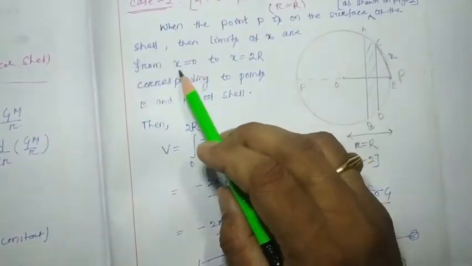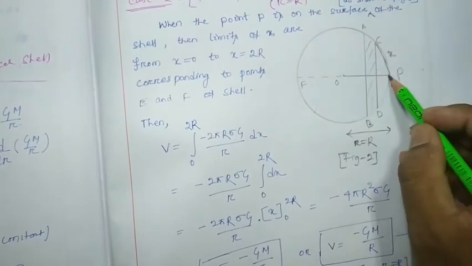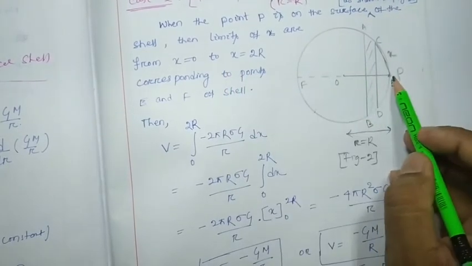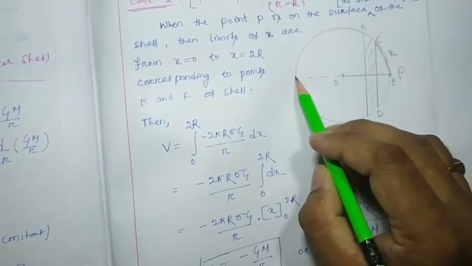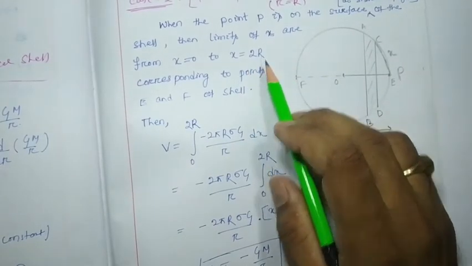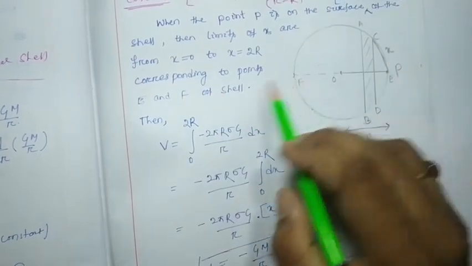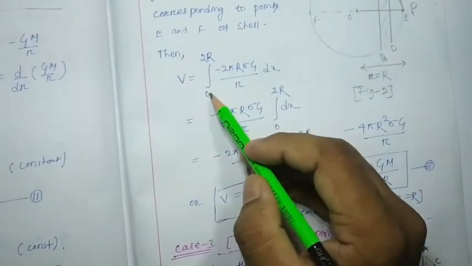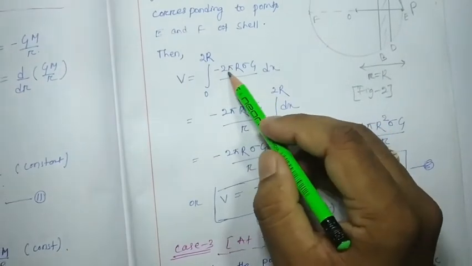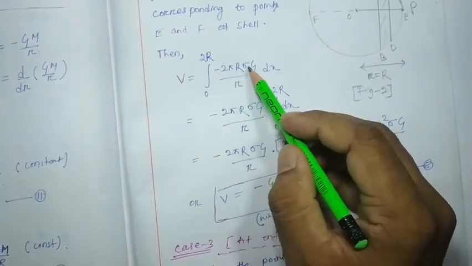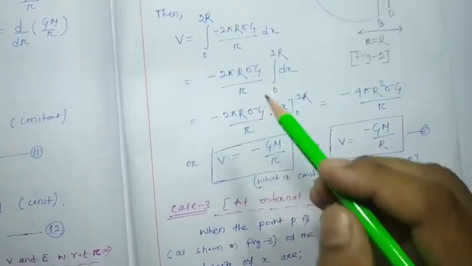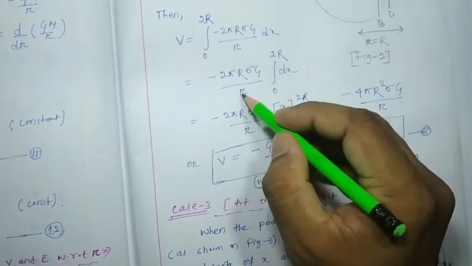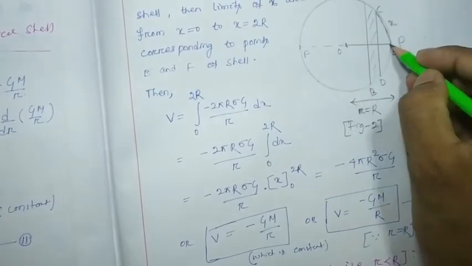So here the limits will be x equal to 0, because the point P is here, and x equal to 2R, corresponding to the points E and F of the shell. Now we just have to integrate from 0 to 2R, 2 pi R sigma G by r dx. These are constants. Here small r means from the center to that point.